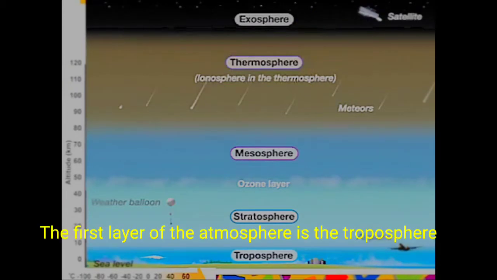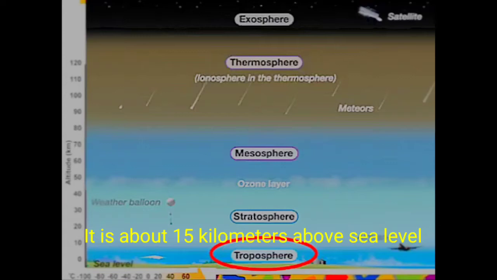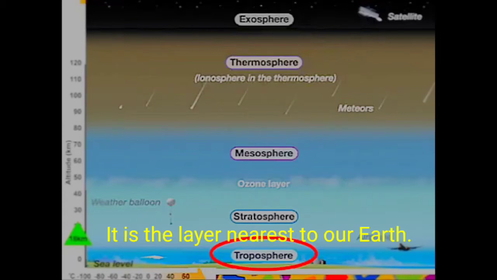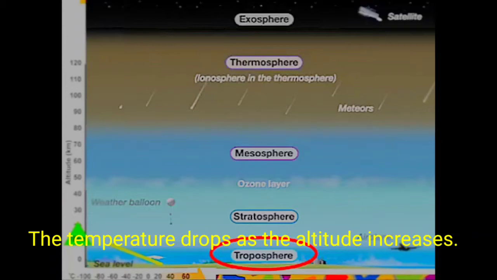The first layer of the atmosphere is the troposphere. It is about 15 kilometers above sea level. It is the layer nearest to our Earth. The temperature drops as the altitude increases.